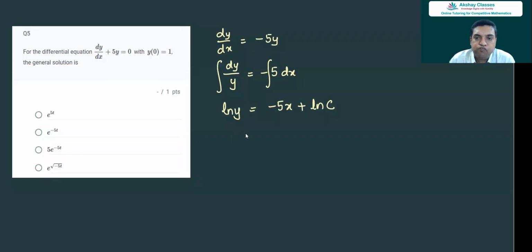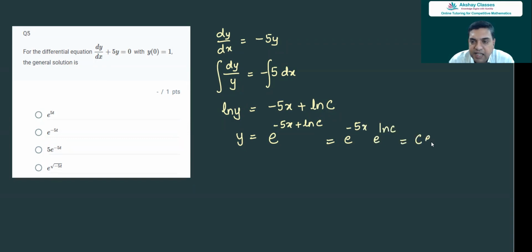So y will be e power minus 5x plus log c, which is e power minus 5x, e power log c, which is c e power minus 5x. So y is equal to c into e power minus 5x.